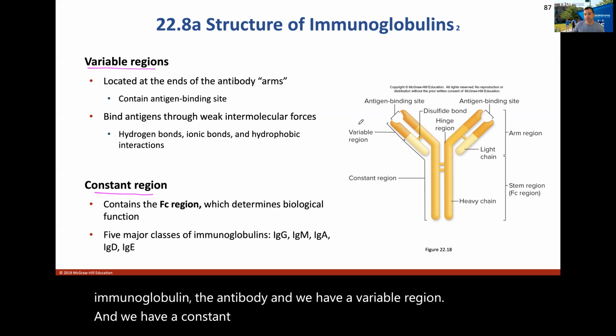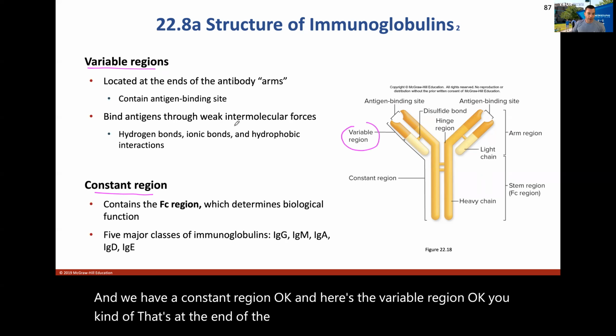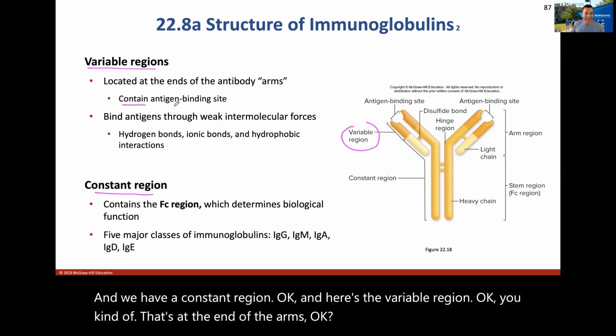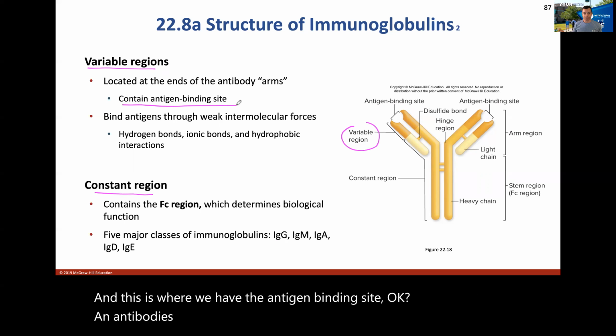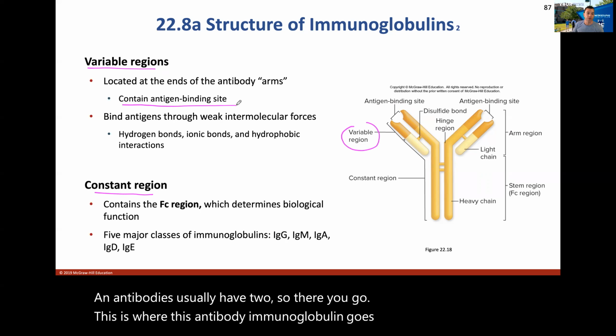Here's the variable region. It's at the end of the arms, and this is where we have the antigen binding site. Antibodies usually have 2. So there you go. This is where this antibody, immunoglobulin, goes out and binds to the foreign invader.